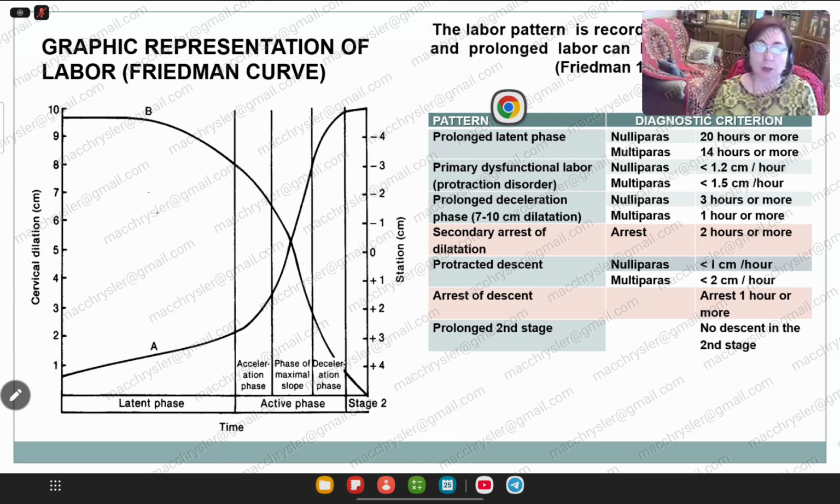The same applies to protraction disorder. We calculate how frequently, how fast cervical dilatation occurs, and we know that for nulliparous it needs to be 1.2 centimeters per hour.